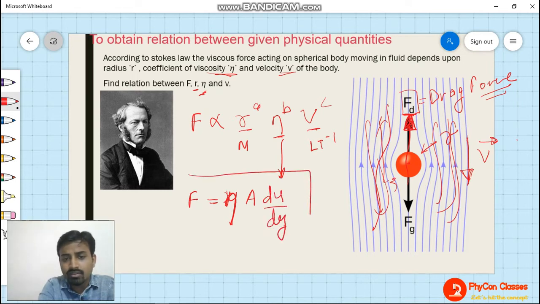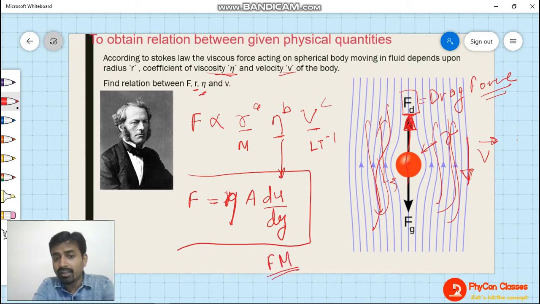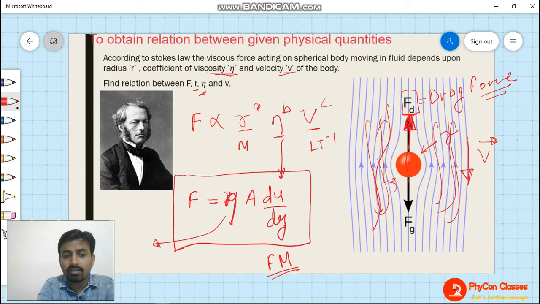Now this equation you will find in the chapter on fluid mechanics. We will read this in fluid mechanics. So for now you just remember this equation and how we are going to calculate the dimension of eta, that is viscosity.